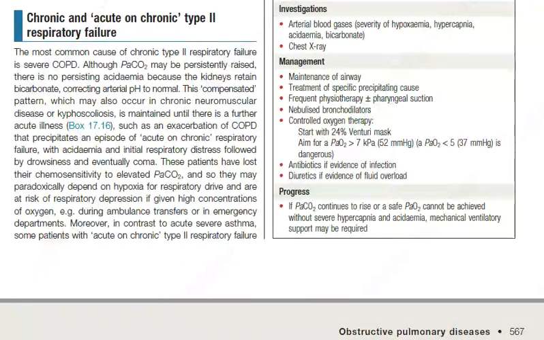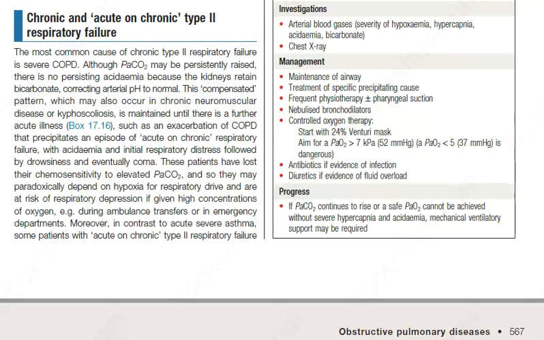Now, chronic and acute on chronic type 2 respiratory failure. The most common cause of chronic type 2 respiratory failure is severe COPD. Although partial pressure of arterial carbon dioxide may be persistently raised, there is no persisting acidemia because the kidneys retain bicarbonate, correcting arterial pH to normal.